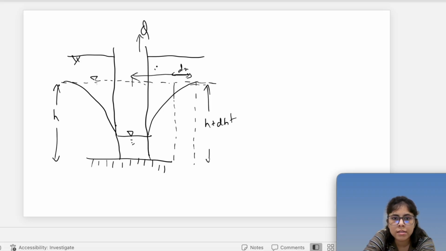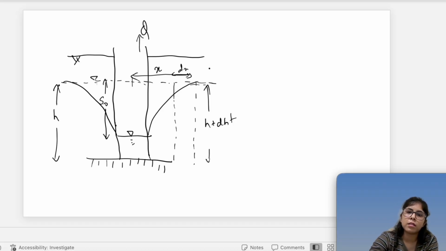So the total distance is x, and the initial drawdown is S naught. This is the drawdown of the water table. This is the influence well, and this is what we have here.